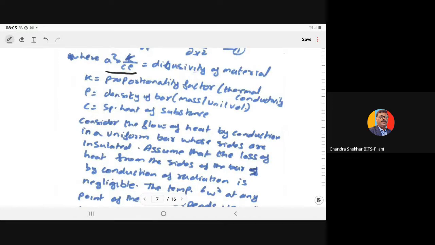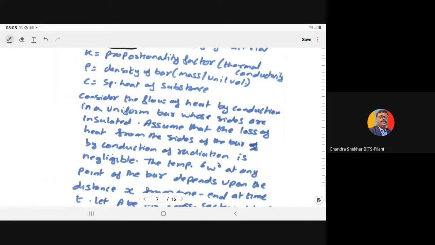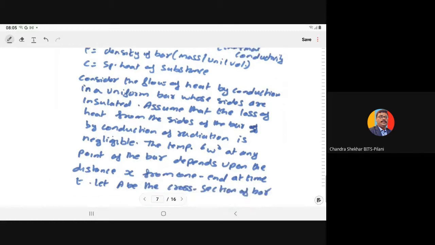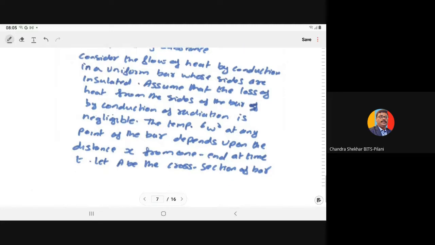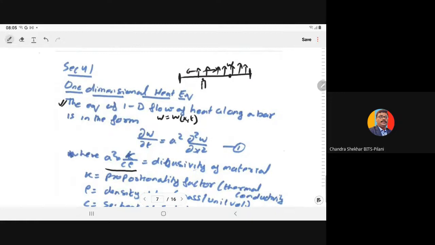Assume that the loss of heat from the sides of the bar by conduction or radiation is negligible. Means there is no loss, only the flow of heat. The temperature W at any point of the bar depends upon the distance from one end and the time t. Let this be x equals 0.